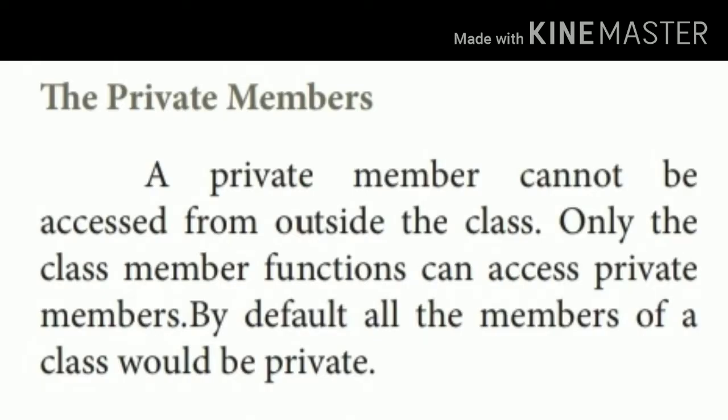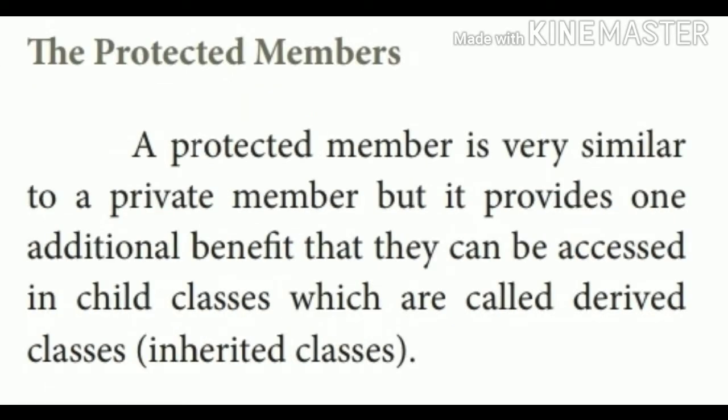What is the difference between these three access specifiers? If you declare the members or functions within the private access specifier, those members and functions cannot be accessed from outside the class, and are only used within the class. But if we declare the member functions and variables within the protected access specifier, it is more similar to private members.